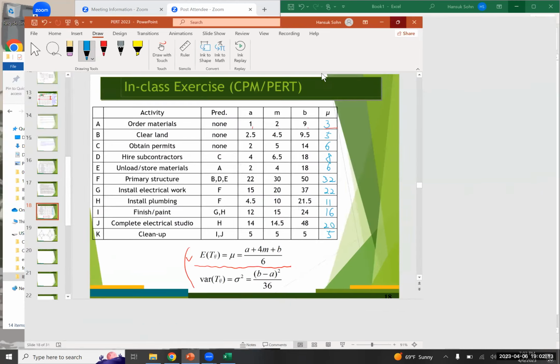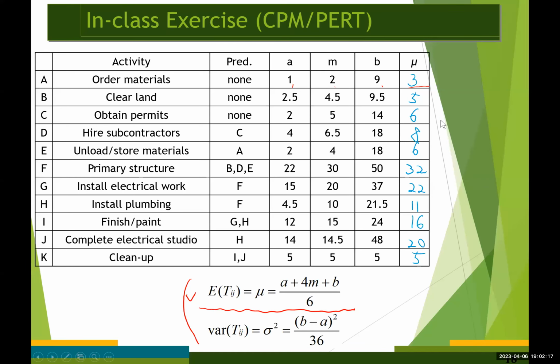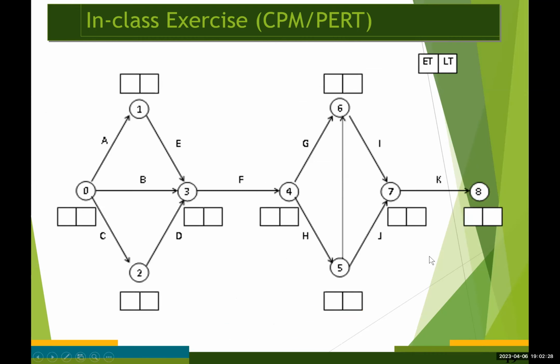So what you're going to do is using this expected value, that's the mean duration, right? For each activity, we need to compute the earliest time and the latest time.